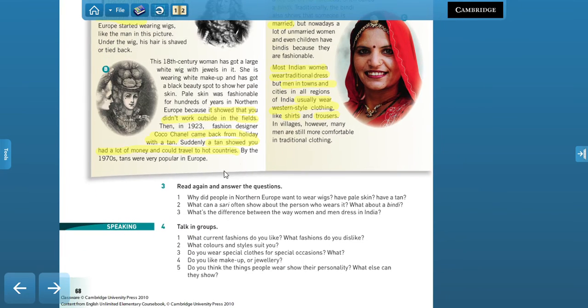Now, of course, we're not going to do this speaking activity, but you can try to analyze and reflect on your own, because we are going to work with this later on, but not in this opportunity. So keep in mind, try to answer these questions and make reflections on that.